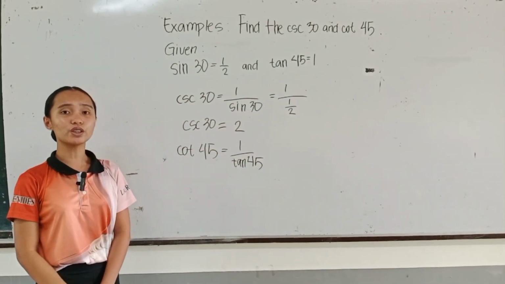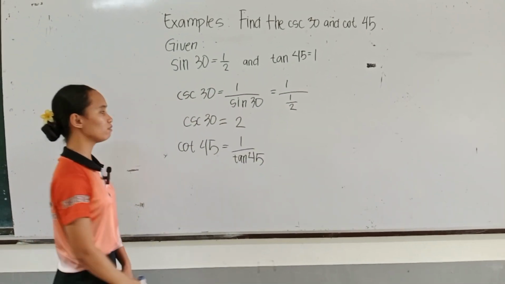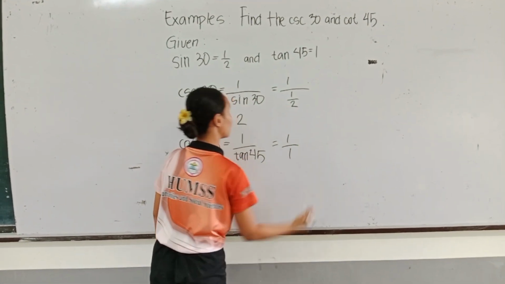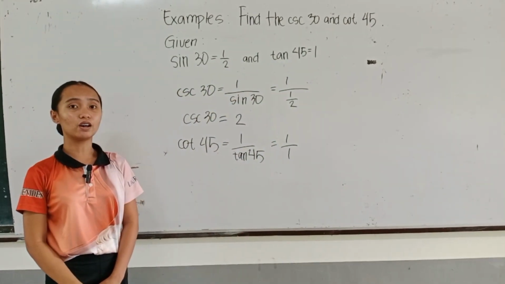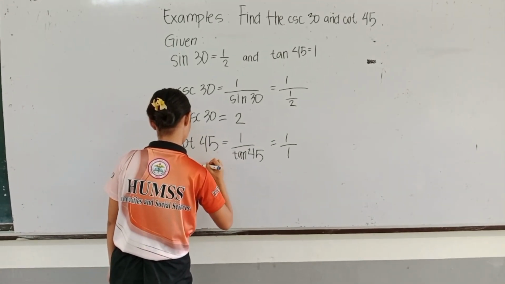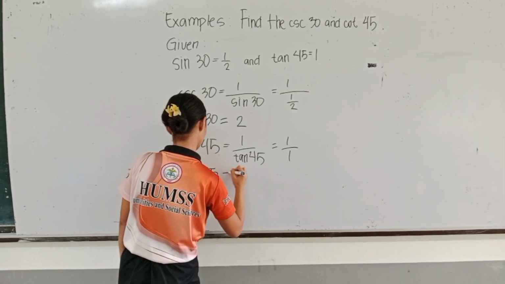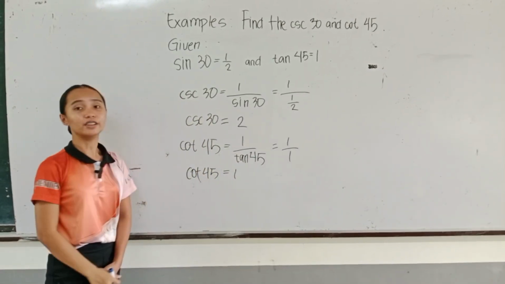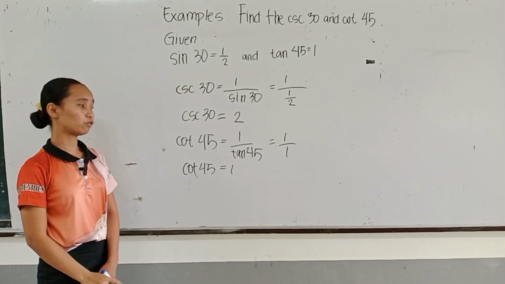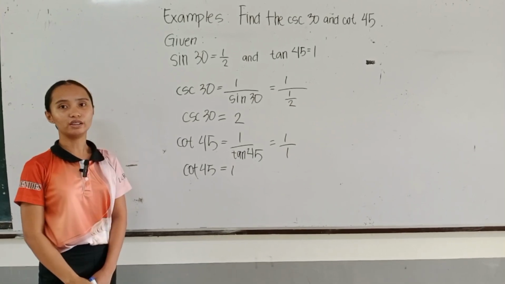And then substitute the value of tangent 45, then divide or simplify. Therefore, the value of cotangent 45 is 1.